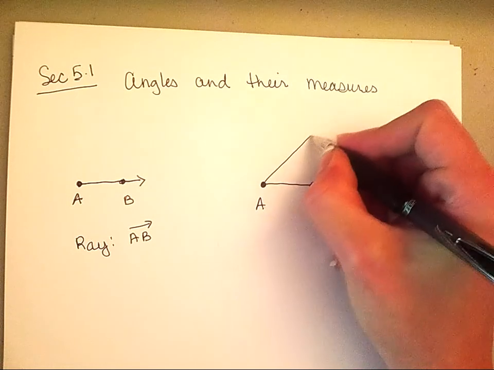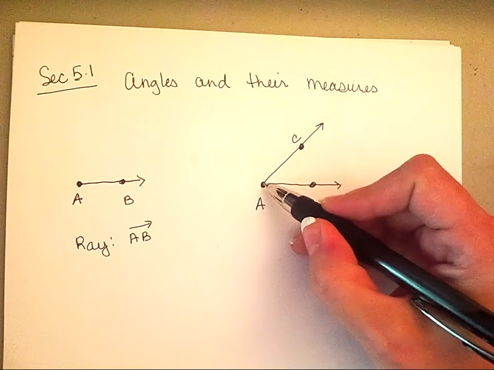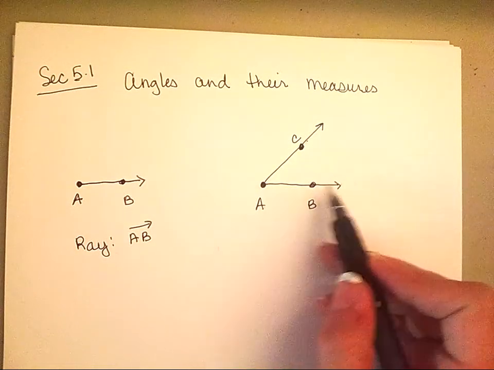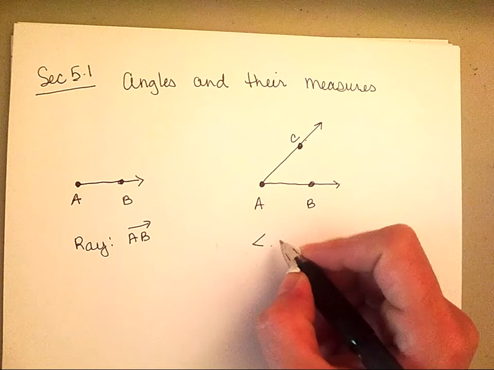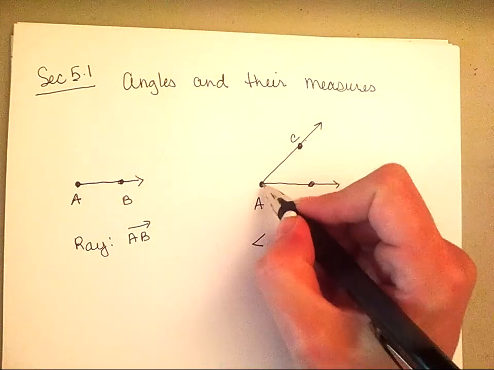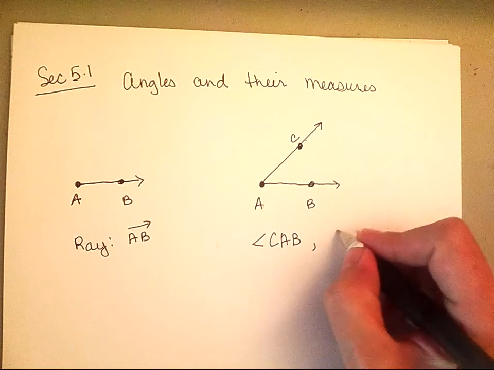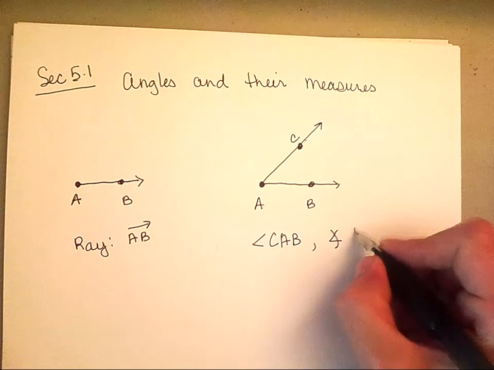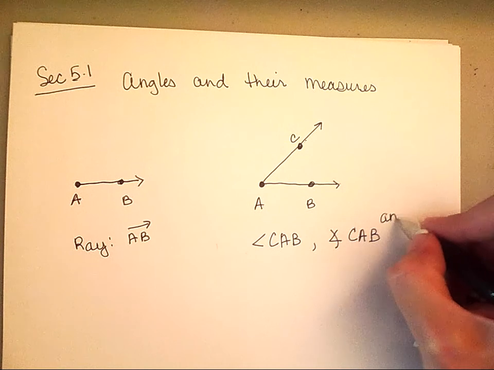If I add another ray like this, that goes through a point C, I have the ray AC connected with the ray AB, and now we talk about an angle, and we could talk about that as angle CAB. Sometimes I write my angle symbols like this, just FYI. Okay, these are now angles.